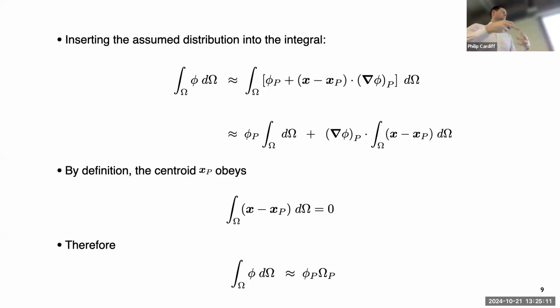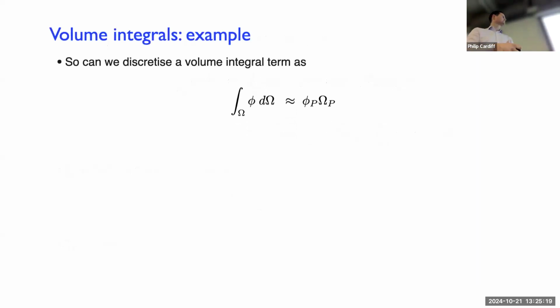So omega p represents the volume of cell p, and phi p represents the cell center value. So actually, after all of that maths, if you have a volume integral term in the finite volume method, you essentially just drop the integral and multiply by the volume and use the cell center value. So it's actually very simple.